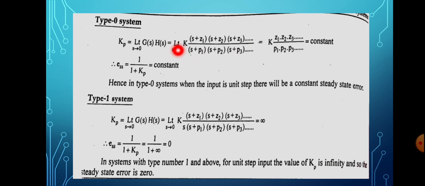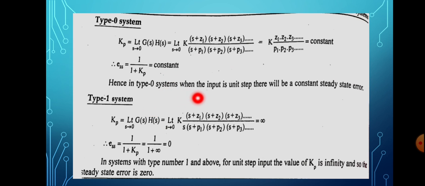You know that since it is a type 0 system, the power of s raised to n will be s raised to 0, so that will be equal to 1, so there will not be the term of s. Okay. So when you are applying the limit s equal to 0, then you will get the value like this. Okay, that means this is a constant value. So steady state error in the case of a type 0 system will be a constant.